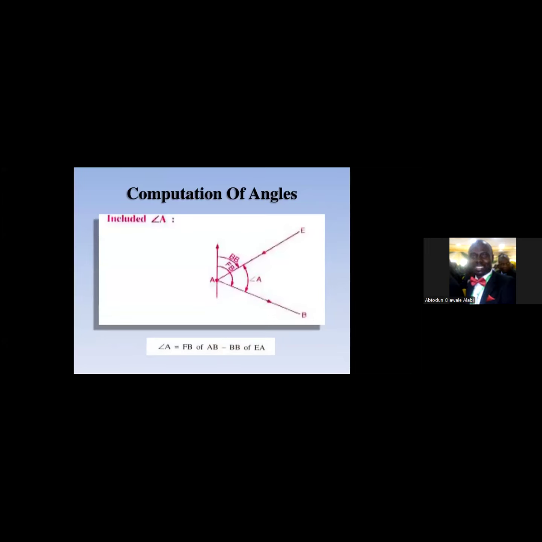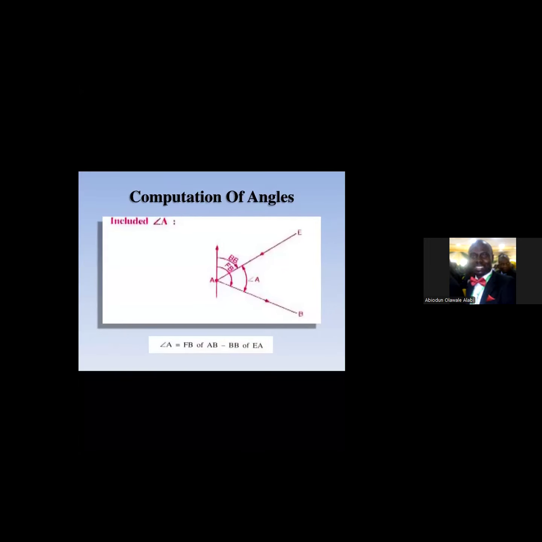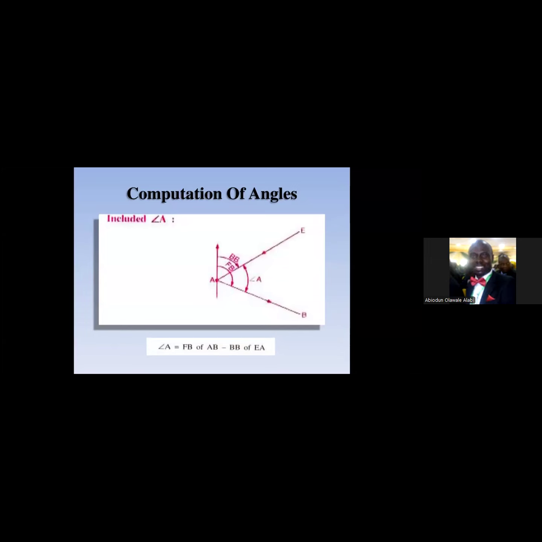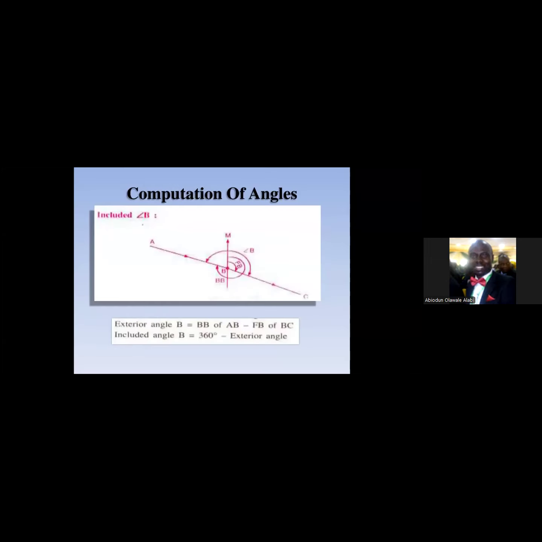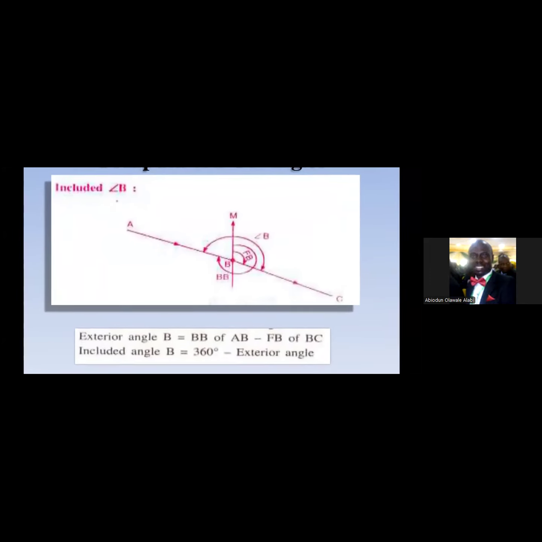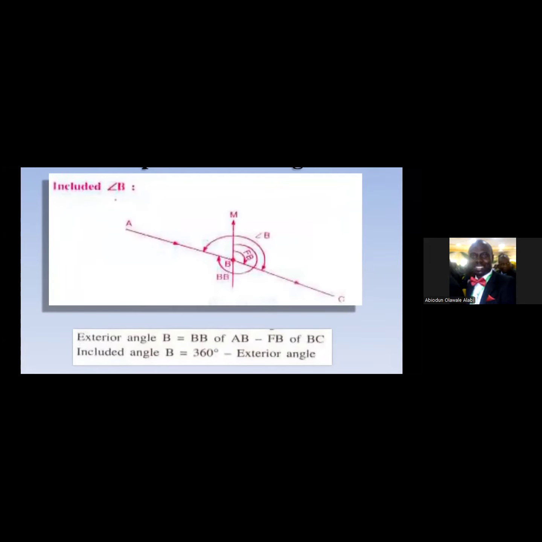Okay, so this is the slide. So I think this is well understood now. So let me move from here to another slide. See, this is also still explaining included angles or observed angles.